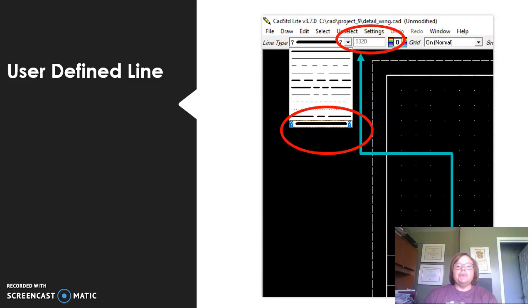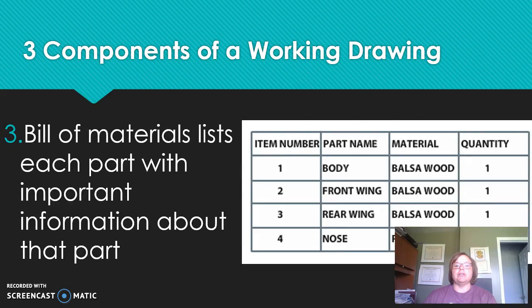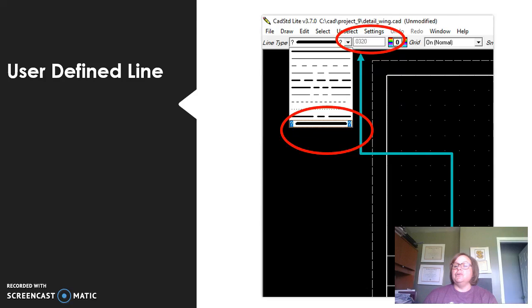When you go to create this table for your bill of materials, when you go through your course content and start setting that up, you're going to use a new line that we haven't used before. It's this user-defined line, and when you click on the line type, it's at the very bottom.